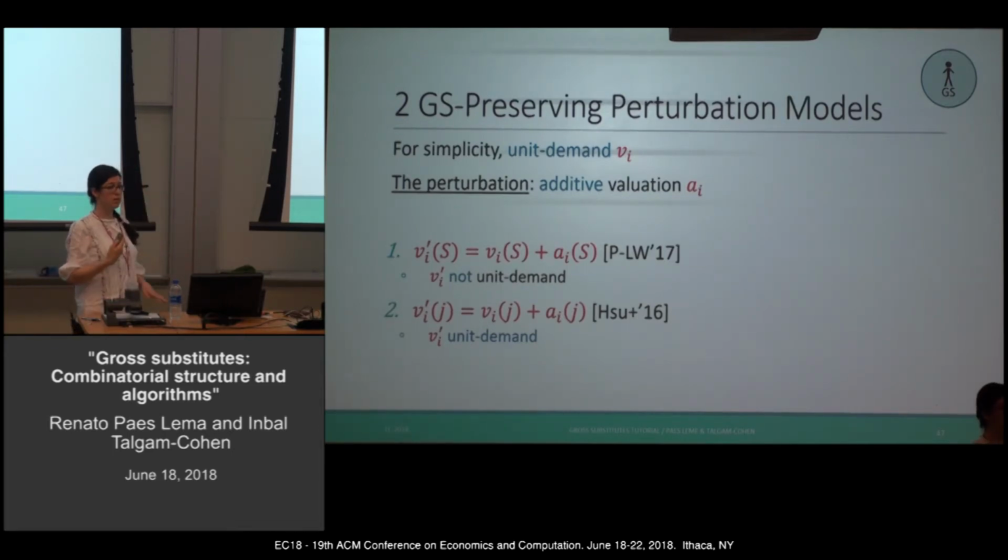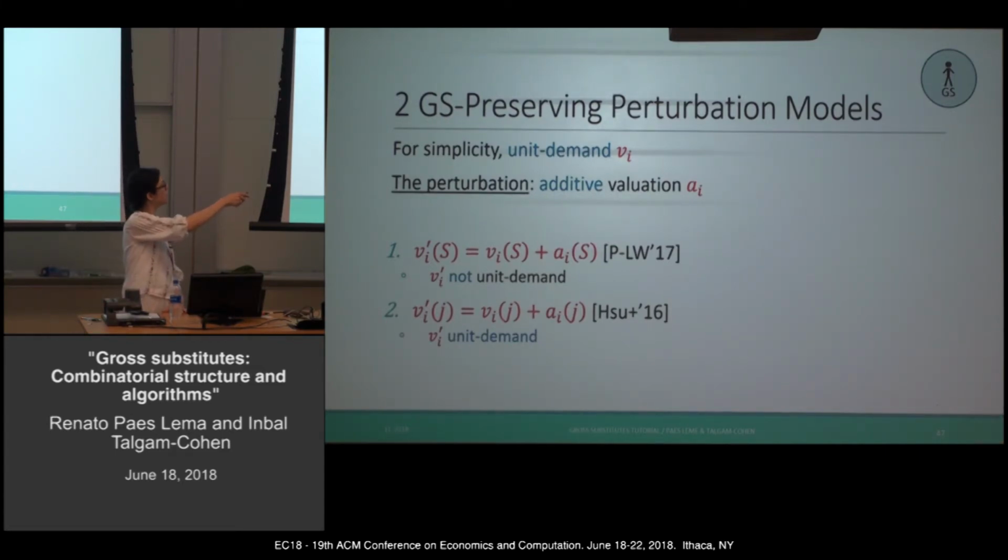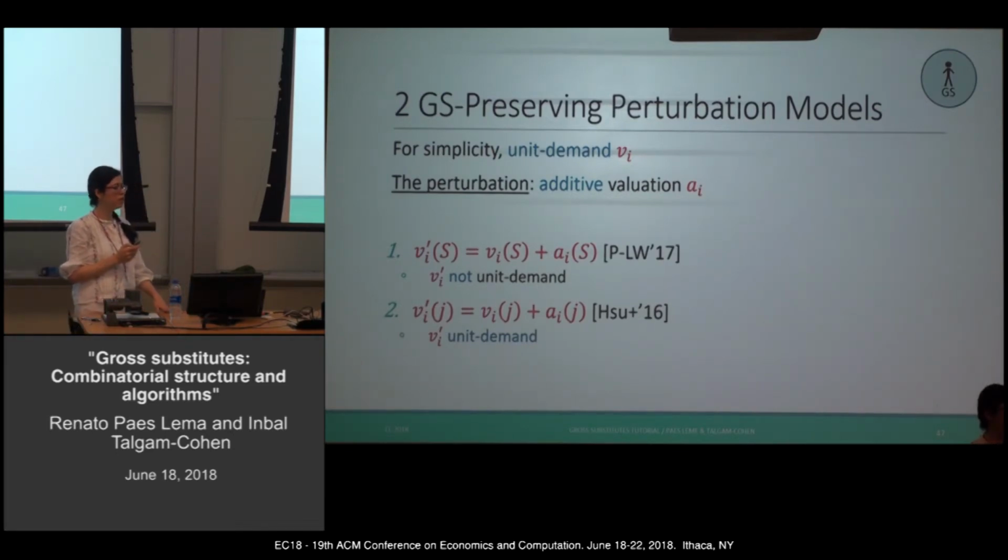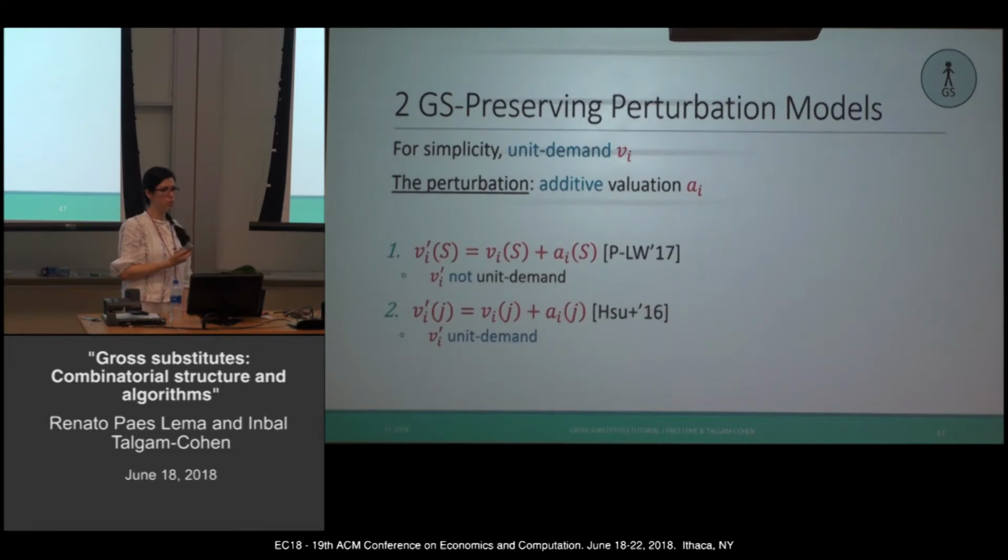The result, this V prime, is gross substitutes, because gross substitutes is closed under addition of an additive function. It's a little bit like just changing prices or something like this. I mean, it's maybe a little bit strange that you start with something that's unit demand and you end up with something that's not unit demand. And then the second way to perturb does maintain unit demand.